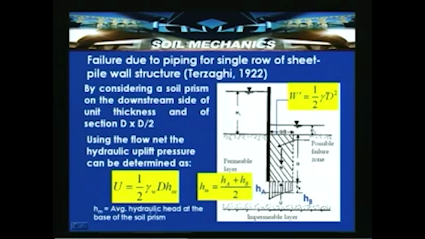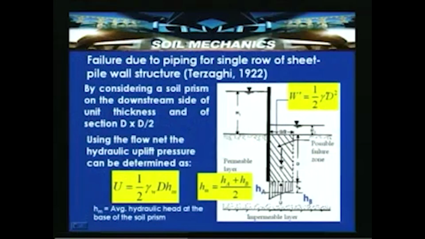Remember, the average hydraulic head is determined by calculating the total heads at the respective equipotential lines passing through that zone. Here, for this prism of soil, with the distribution given by HA and HB, Hm is HA plus HB by 2. With that U can be determined as 1 by 2 times gamma W D into Hm.